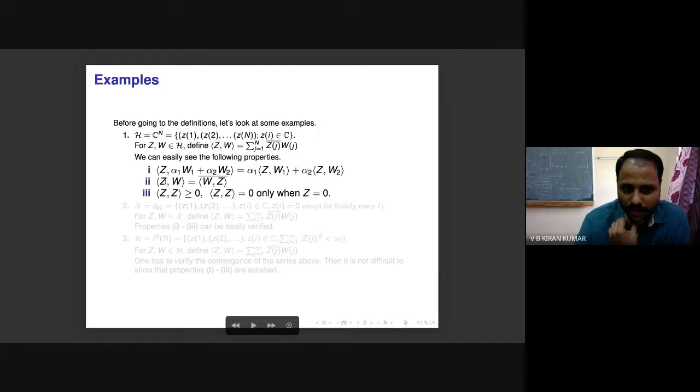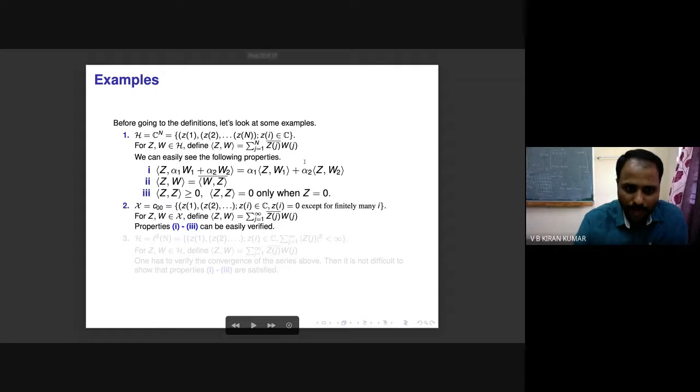And this is known as conjugate symmetry. If you interchange Z and W, you will get the conjugate of inner product of W and Z. And inner product of Z with Z will always be non-negative, and it is 0 only when Z equals 0. These are some trivial properties you can observe from this definition.